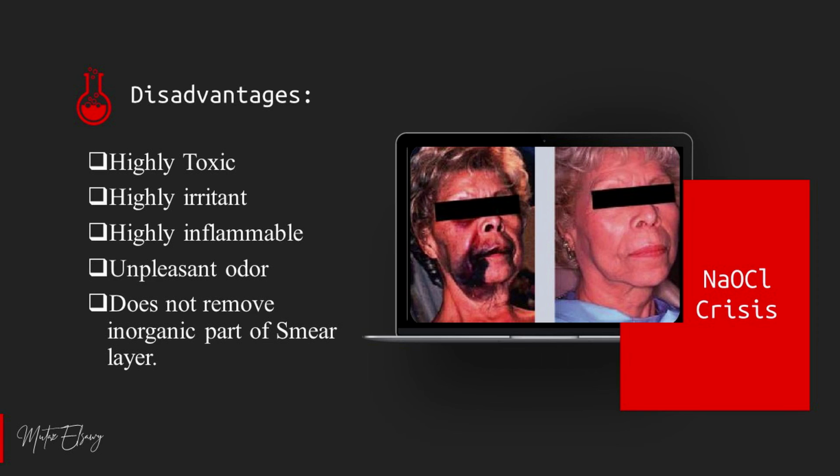However, it has some disadvantages: highly toxic, highly irritant, unpleasant odor, and it doesn't remove the inorganic part of the smear layer. Extrusion of sodium hypochlorite into periapical tissues can cause severe injury to the patient, and to avoid that we have to know a lot of things, like the type of needles which should be used during irrigation.